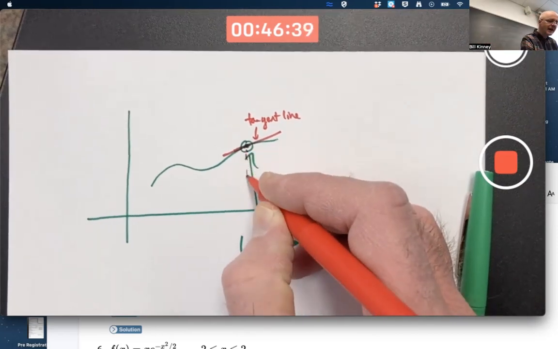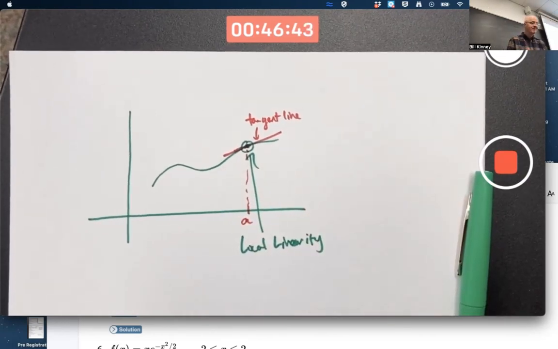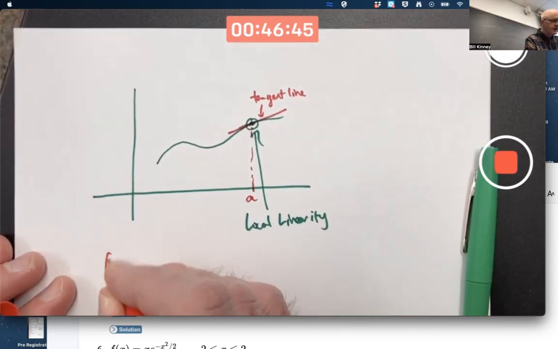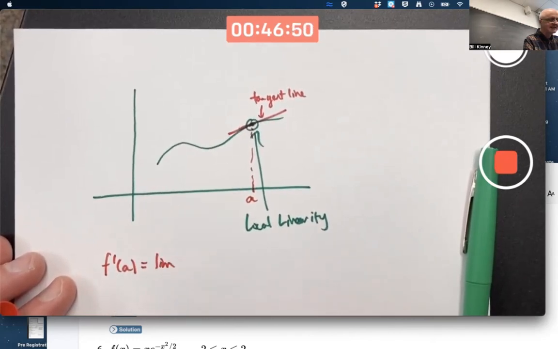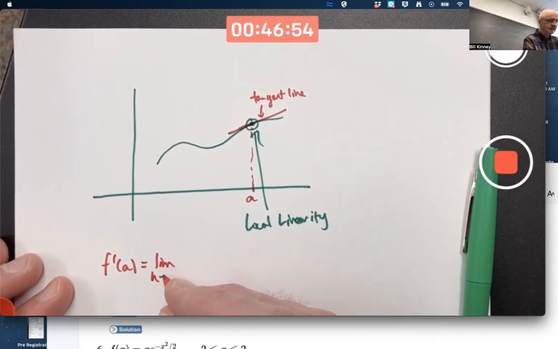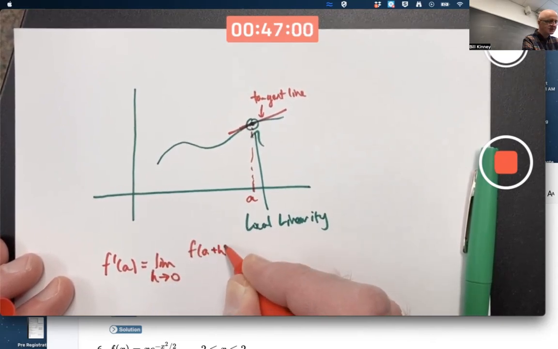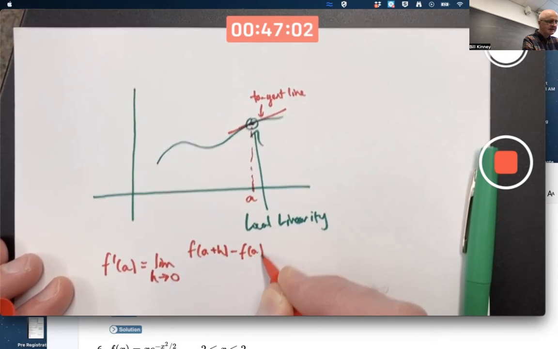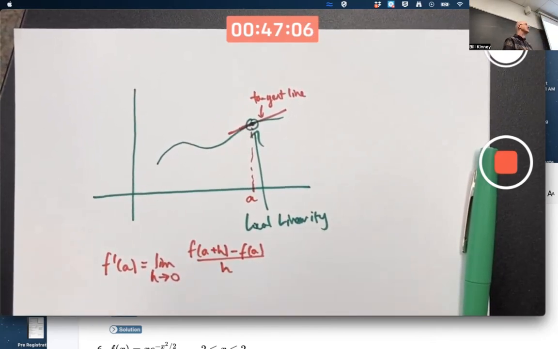If this value of x has a name, call it x equals a, the derivative f prime of a is this limit if the limit exists. It's a two-sided limit. The limit as h goes to 0 of f of a plus h minus f of a, divided by h. You had to be able to calculate those kinds of things in the first exam.